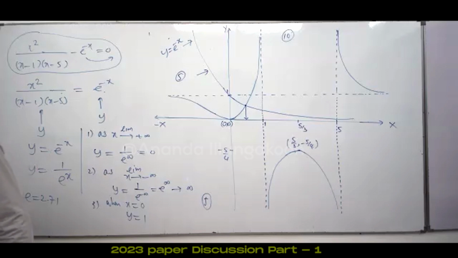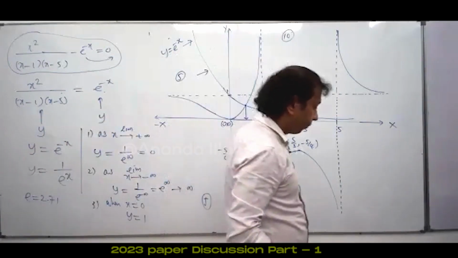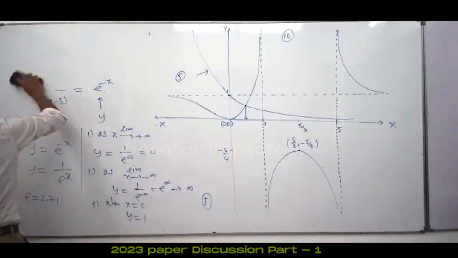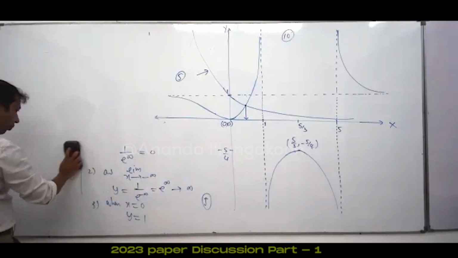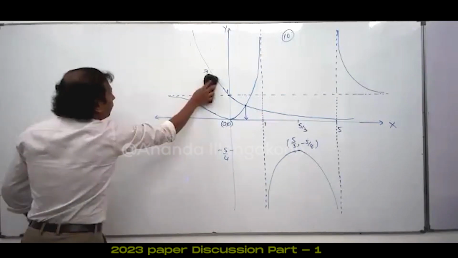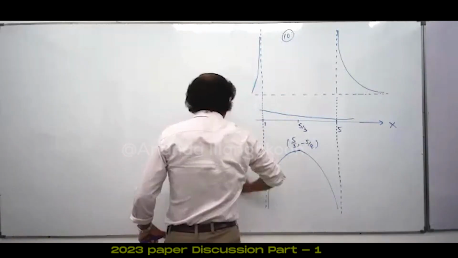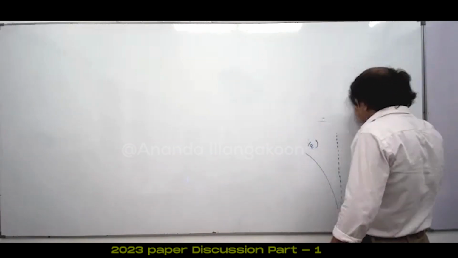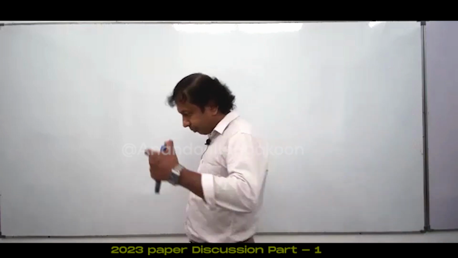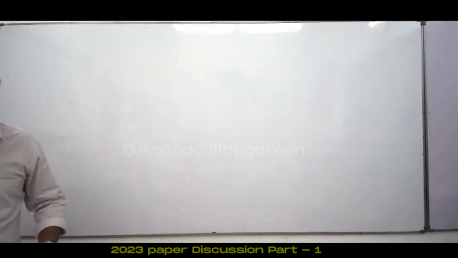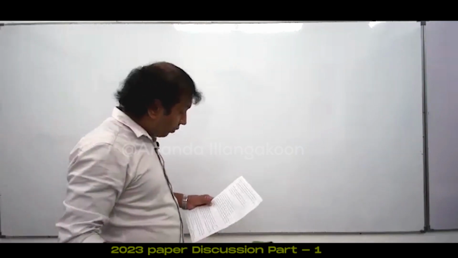Next one, take question number 3, part A first. Given f(x) is a third degree polynomial function, show that when f(x) is divided by (x minus 1)(x plus 1), the remainder is 4x minus 1.